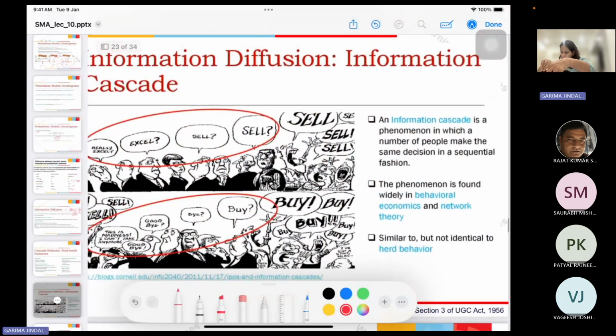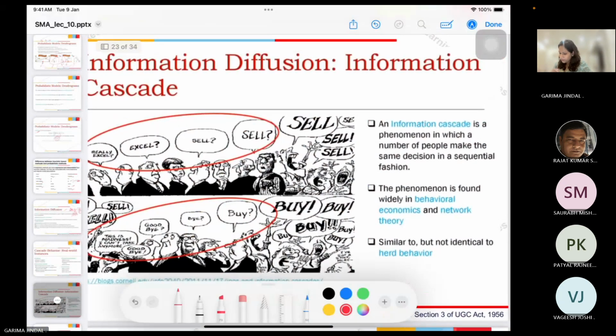Then there is another notion, information cascade. Let me construct a Twitter network for you. I have this person, who is followed by A, B, C, D, and maybe these people are further followed by a few people.